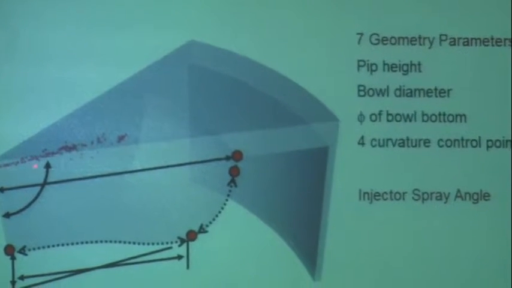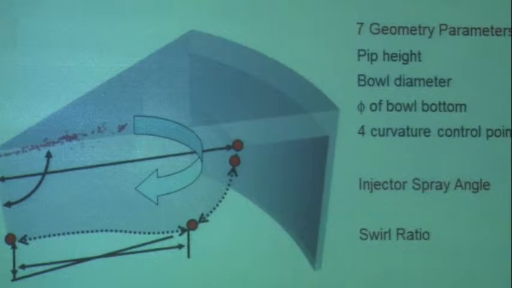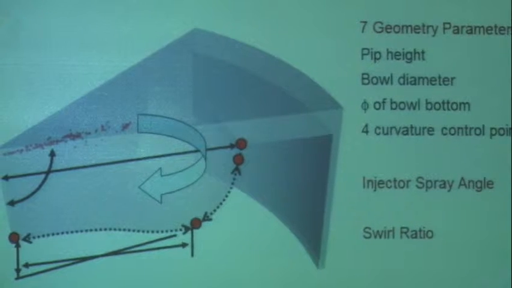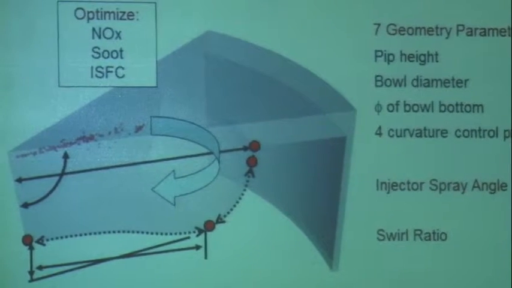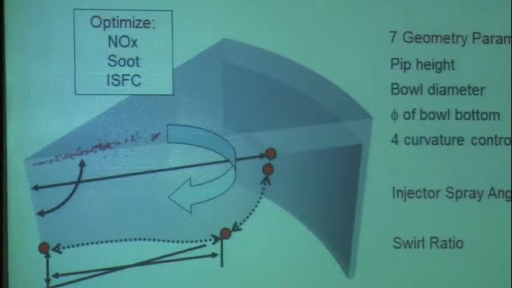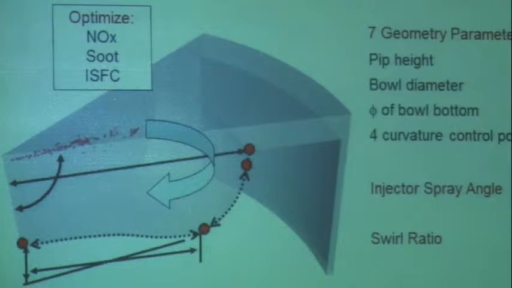She was also interested in the spray angle, the injector spray angle, and then also the swirl ratio in the combustion chamber. So the idea here is we want to vary those parameters over reasonable ranges while optimizing the NOx, the soot, and the indicated fuel consumption.